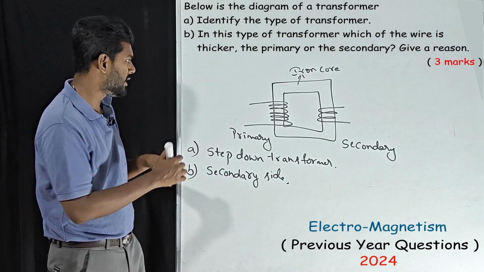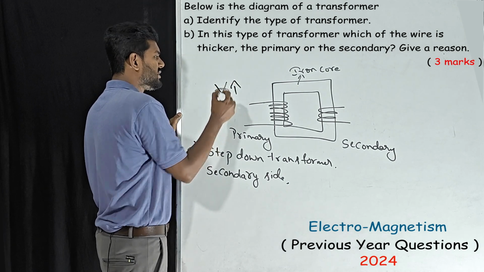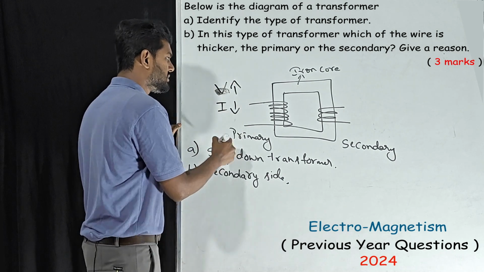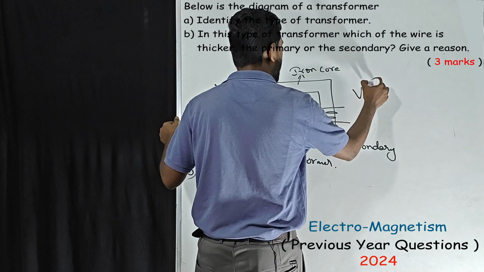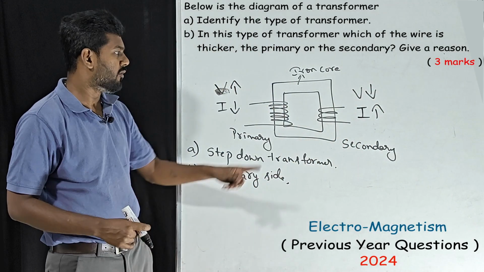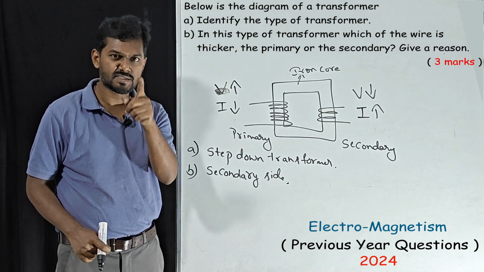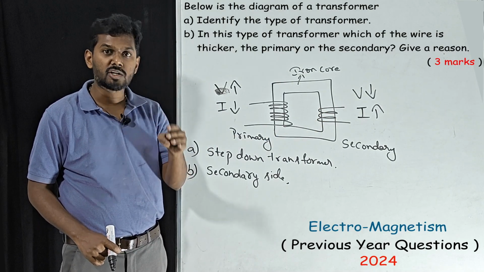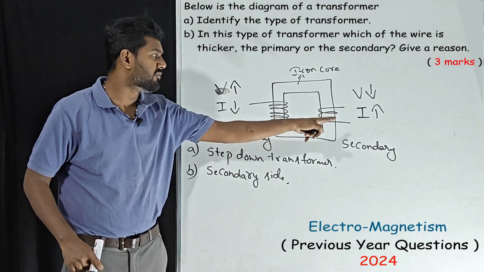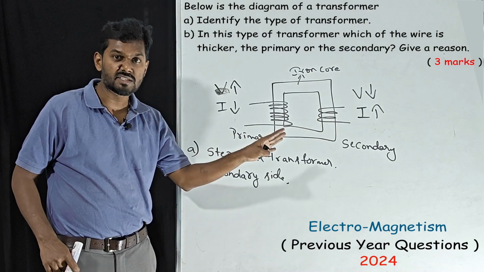On the primary side, voltage is more, current is less. On the secondary side, voltage is less, current is more. This you should know. When we have high current, the resistance has to be low. So in order to reduce the resistance, we have thicker wire on the secondary side in this diagram.